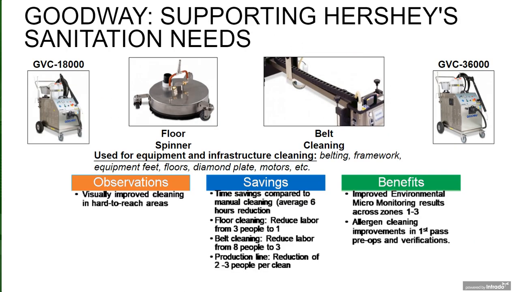And so what exactly have they been doing for us? Obviously they offer a number of different products, a number of different pieces of equipment for a lot of different needs. I'll be going through just a couple: a couple of different models of their steam units, their floor spinners, belt cleaners, for example.